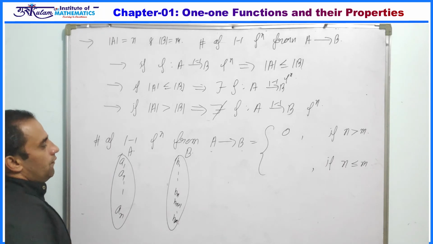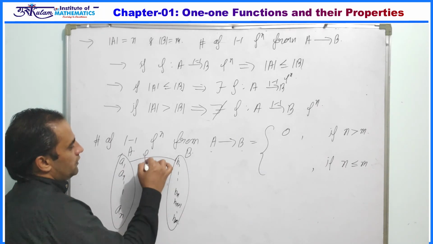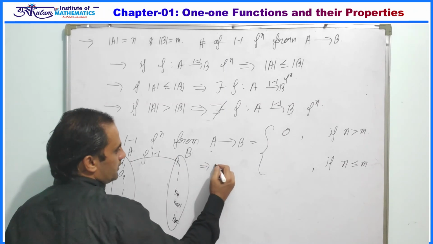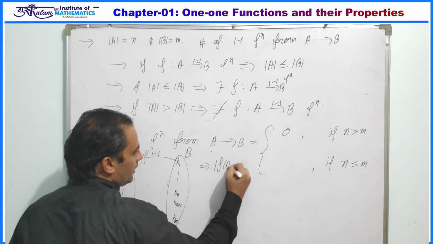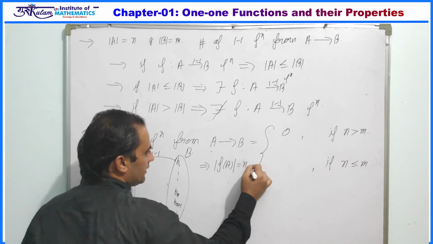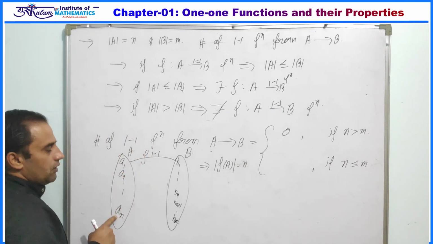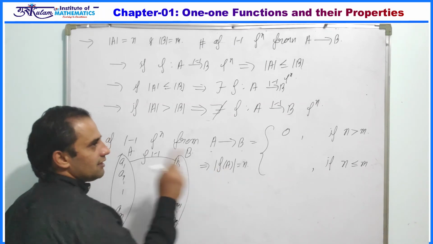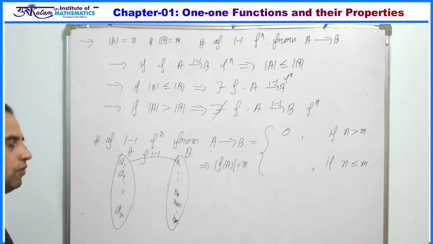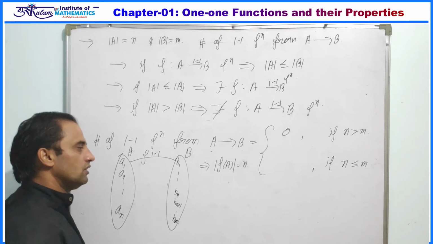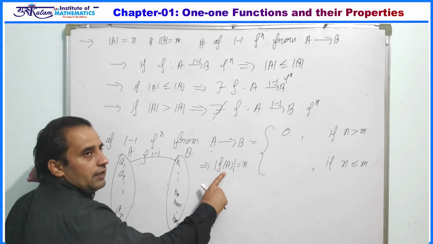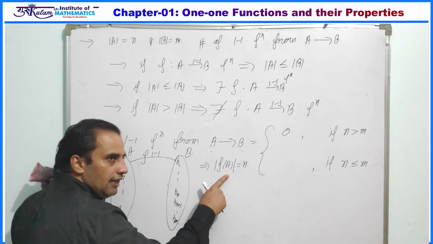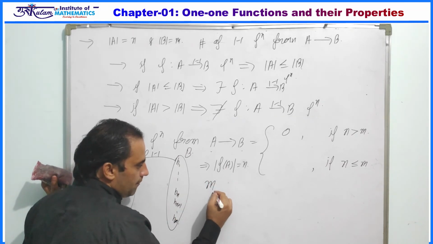Now if f is a 1-1 function, this obviously implies the number of elements in the range of f is exactly n, because distinct elements of A have distinct images. So whenever we define a 1-1 function, the range should have n elements. So out of m elements we have to choose any n elements. So the choices for that are mCn.